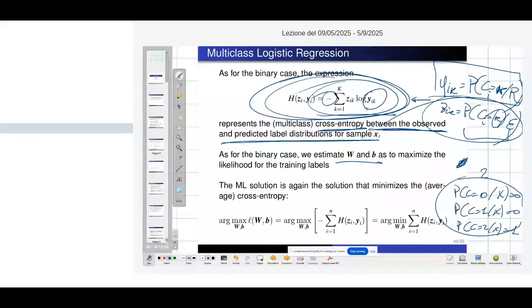This is exactly the values of the vector zik. Zik will have 0, 0, and 1 as values, while yik have the same probabilities as computed by our model. So our model is trying to match its own predictions to the empirical correct predictions for the training set samples.